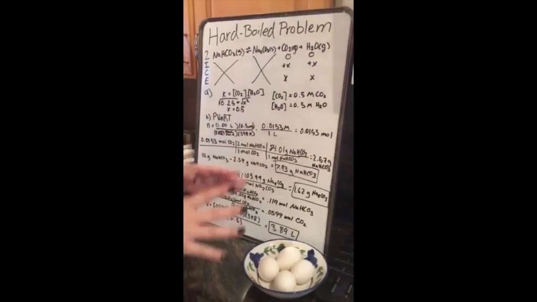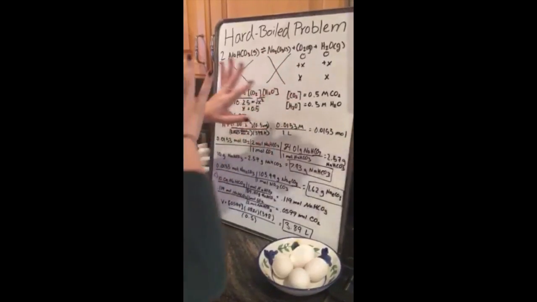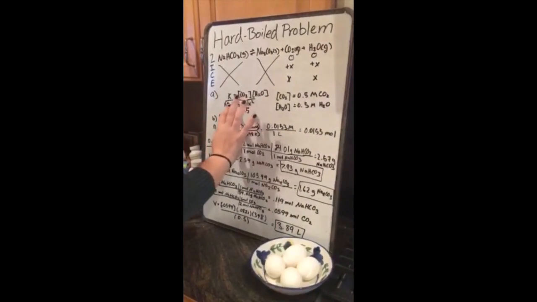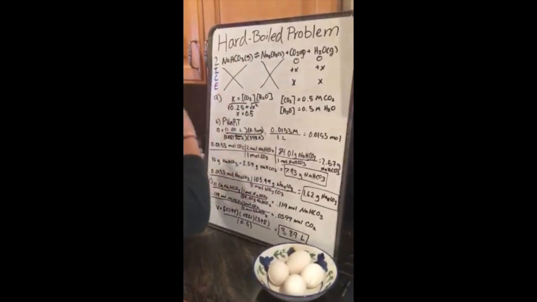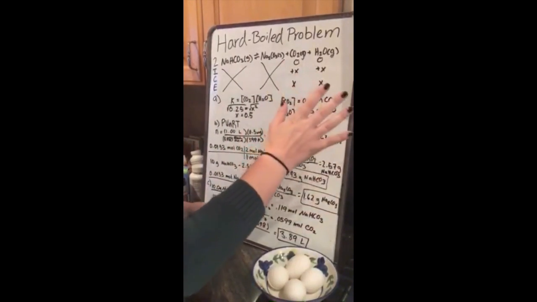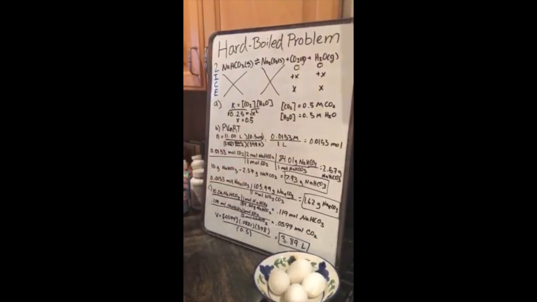K is equal to the products over the reactants, and so we plug it in, and we end up getting 0.25 is equal to X squared. So we square root both sides, and we get X equals 0.5. So the concentrations are 0.5 and 0.5 for CO2 and H2O.